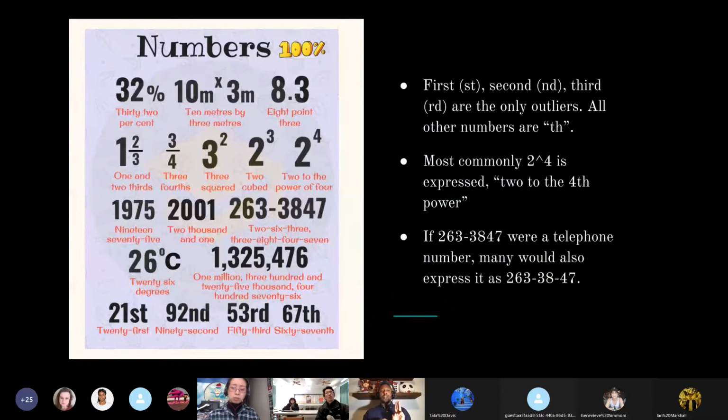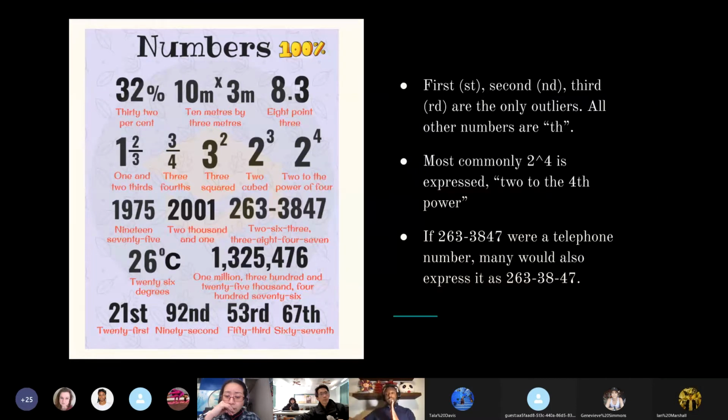So if you notice below, when we say 21st, 92nd, 53rd, we're using the ST, ND, and RD suffixes on that phrase. Whereas with 67th, we're using the TH.